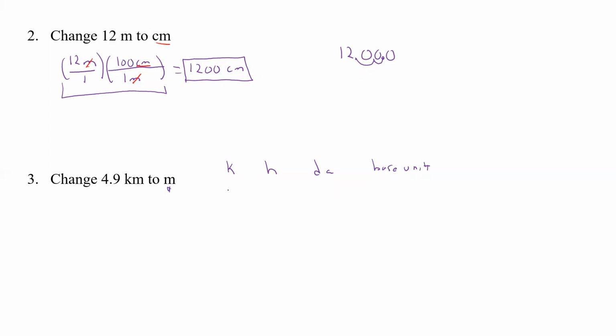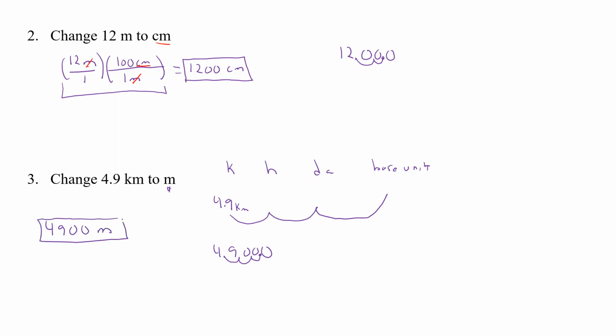So we're going to start here, 4.9 kilometers, and we're going to move 1, 2, 3 spots to the right. If we put in some zeros for placeholders, we start with 4.9, we move 1, 2, 3. That gives us 4900 meters, and that would be our answer. All we had to do is remember how it went down.